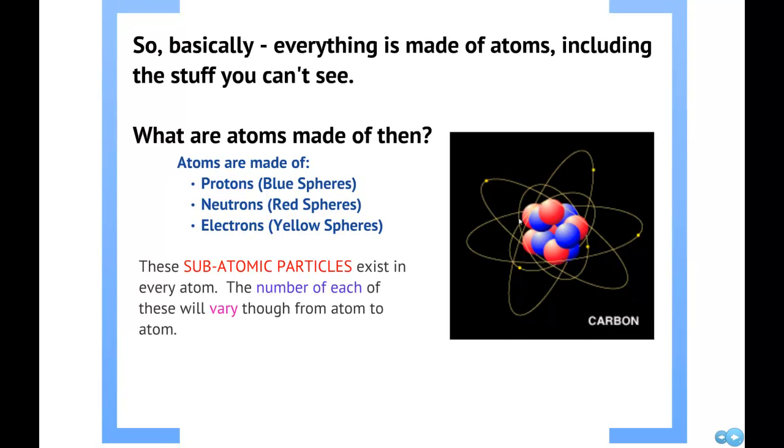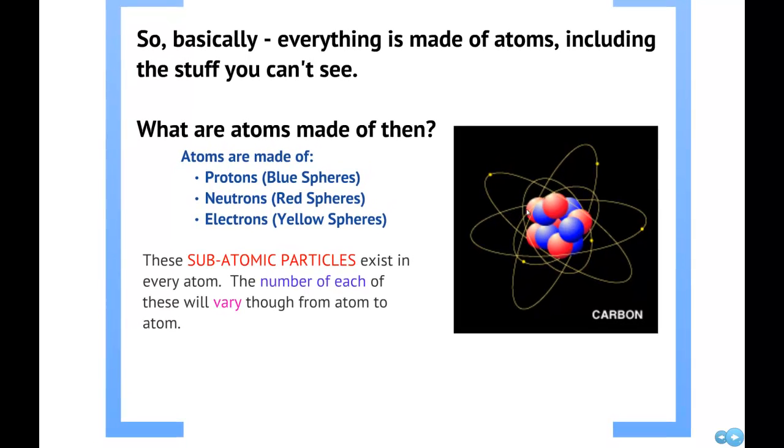In this diagram, blue are the protons, red are the neutrons, and yellow going around these orbits are the electrons, which are really tiny. All three are called subatomic particles.